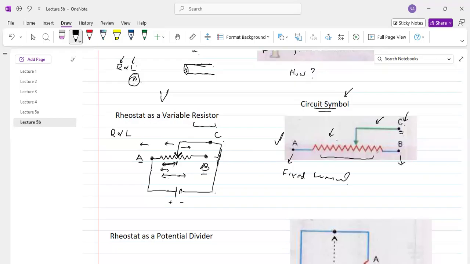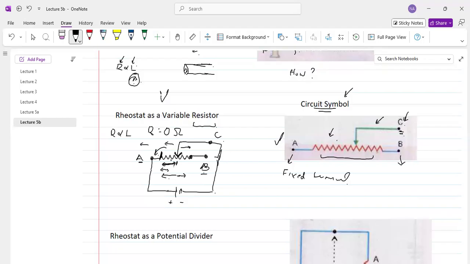When the sliding contact comes to the end of the wire, that is, connected to terminal A, then the resistance is 0 ohm. But as we go on increasing the length of the wire and the sliding contact comes in contact with the B terminal, then the whole length of the wire is included in the circuit. So what does this mean?